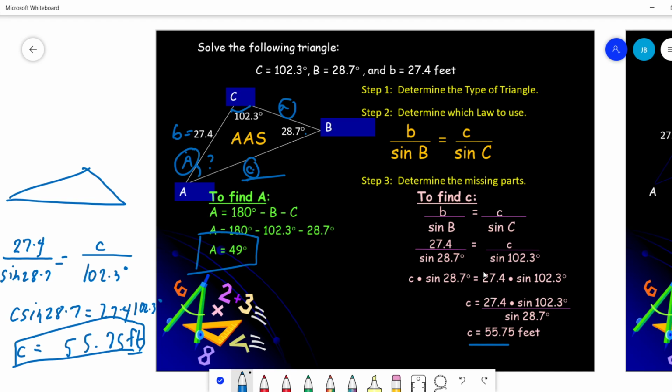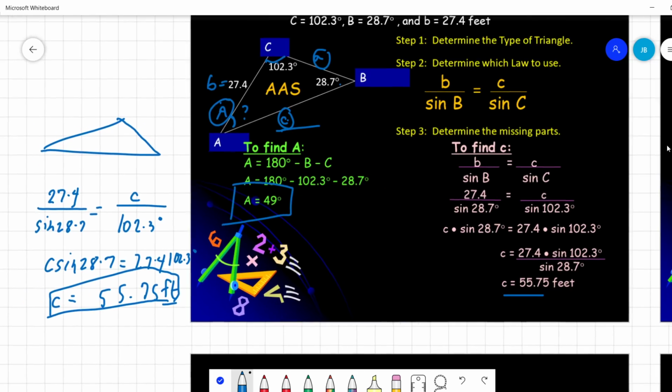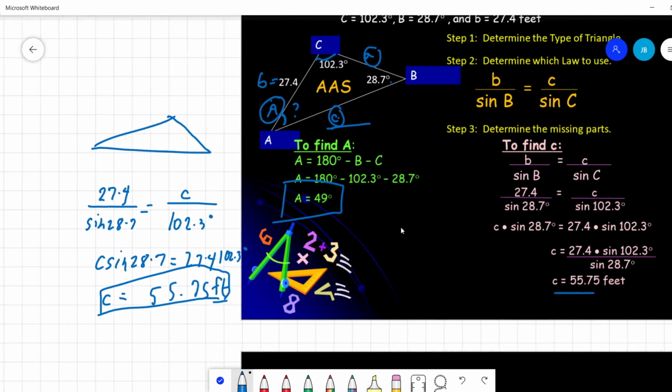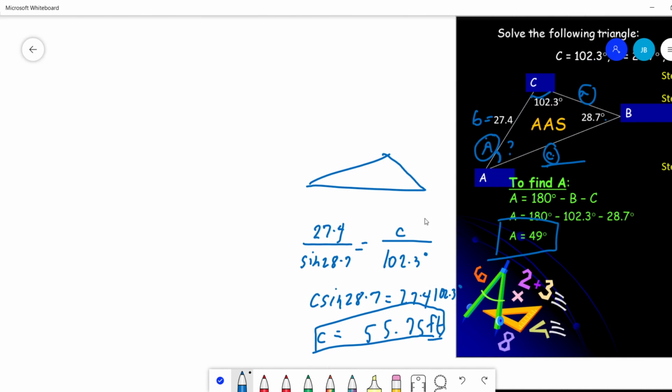Now we are going to find side A. So what is side A? Let's not look at the presentation; let's focus on the triangle. By looking at the triangle, we already found side C, which is 55.75 feet. Now, side A is the problem.